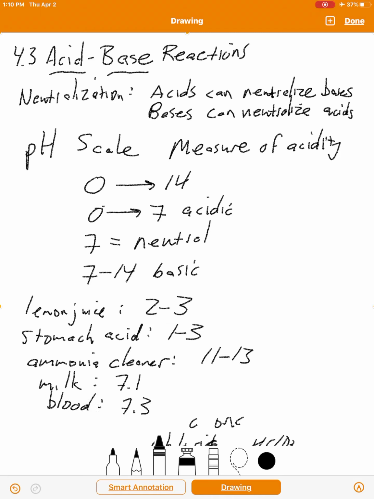Now, you're going to look at some of the sample problems, but I want to warn you about the problems in your textbook, which is that when you do the ionic and net ionic for the examples they give you, there's something that happens when you're dealing with what are called weak acids or weak bases. They don't ionize completely. So let me show you what I mean by that.